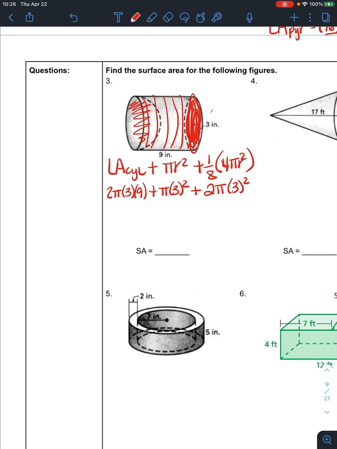If you leave it in terms of pi, you get 54 pi plus 9 pi plus 18 pi, which is 81 pi, or 254.5 inches squared. So just keep thinking about what surfaces would I paint.